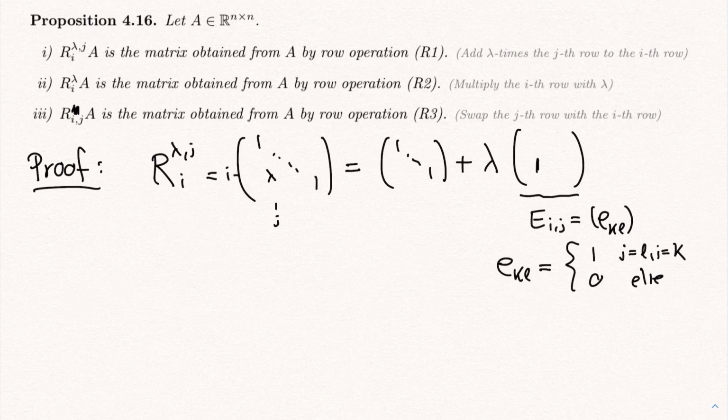So therefore, if I multiply this matrix with A, this is the same as multiplying with the identity matrix plus lambda times Eij.